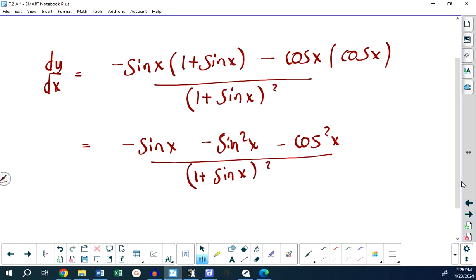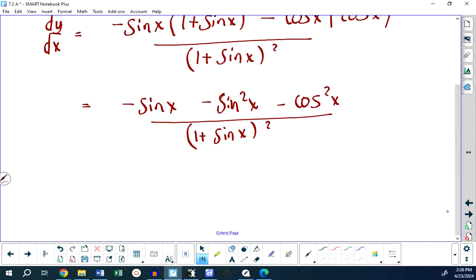Well, it turns out that we have a 1 plus sine x on the top. Because if I factor that negative out, it should become clearer, I hope. If I factor that negative out, the sine x, which was negative, becomes positive. Both of these quadratic terms become positive.